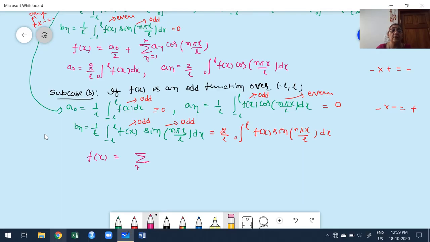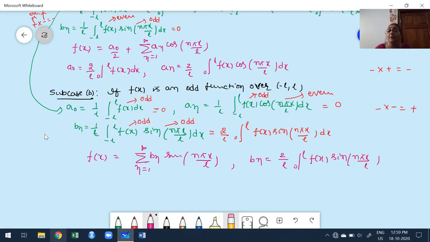Only summation of n ranging from 1 to infinity b n sine of n pi x by L, where what is my b n formula? 2 by L, 0 to L, f of x sine of n pi x by L with respect to x.